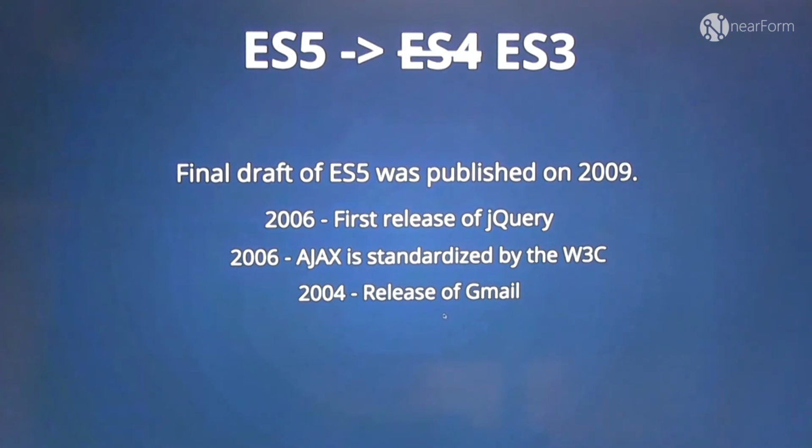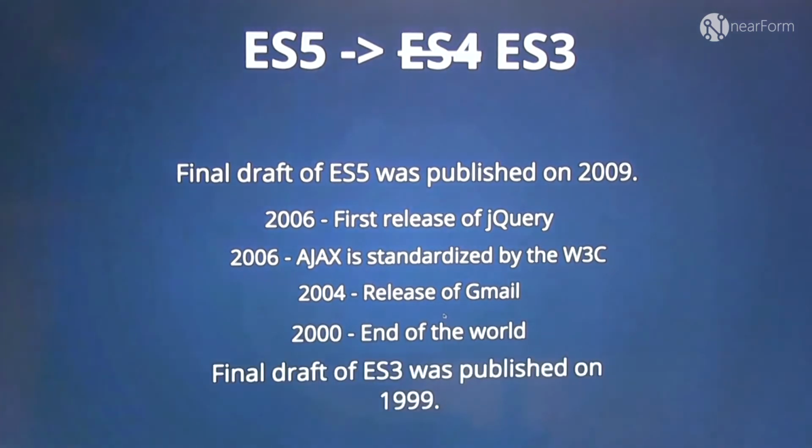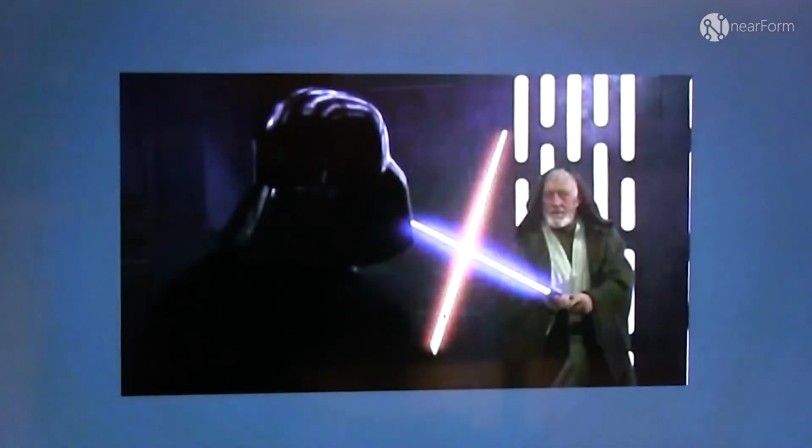In 2004, we had the first considerably large application written in JavaScript, which was Gmail at that moment. We have a gap in 2000. In 1999, we have the release of version 3. Here we have a representation of what the TC39 meetings would be like at that moment. We have Brendan Eich and Douglas Crockford talking in the picture.